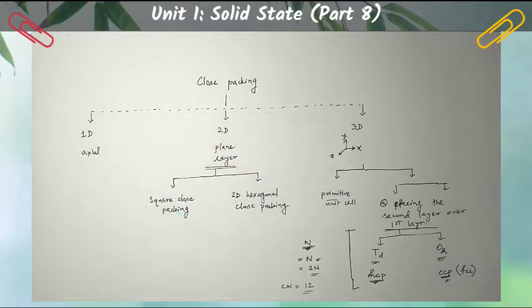So what is our aim? The aim of this class is to find out the molecular formula of a solid crystal by using this data, which was studied in the previous classes.